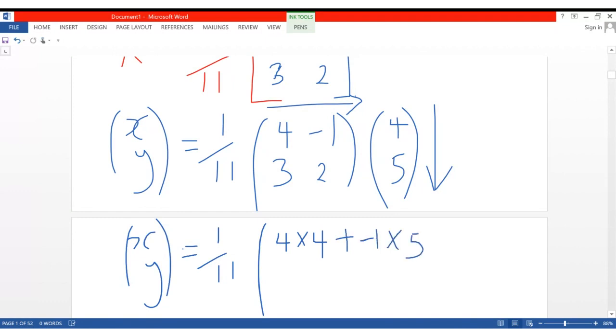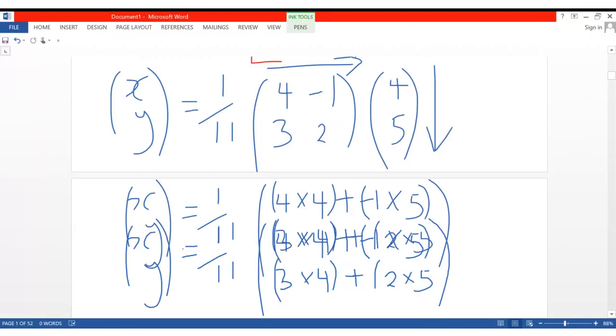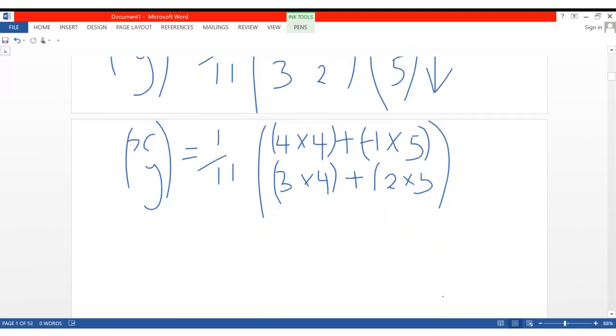And then I take 3 times 4 plus 2 times 5. So 16 minus 5, that is 11. And then 12 plus 10, I'm getting 22. So here I have x and y.